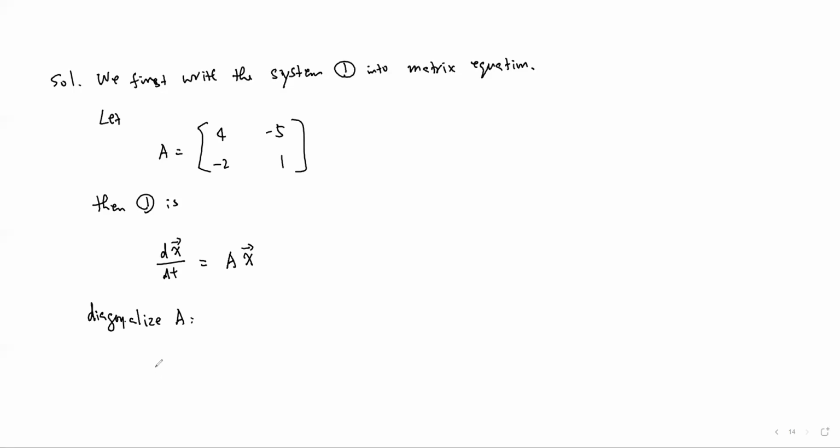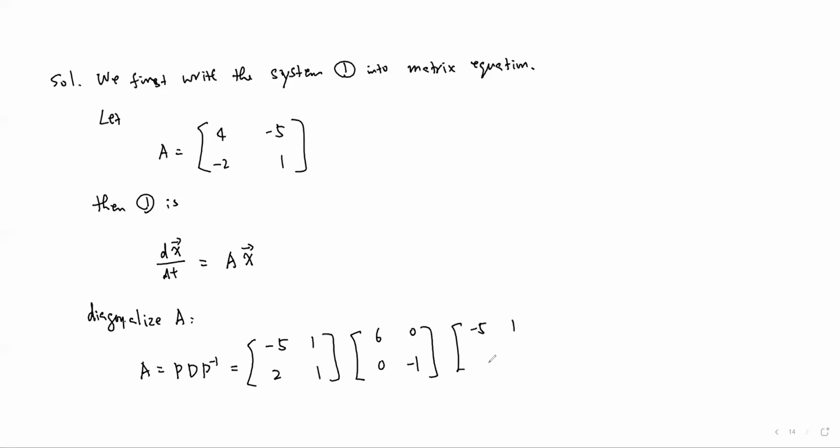Now, matrix A is P D P inverse. P is -5 1 2 1. D is diagonal, 6 0 0 -1. I don't compute P inverse.